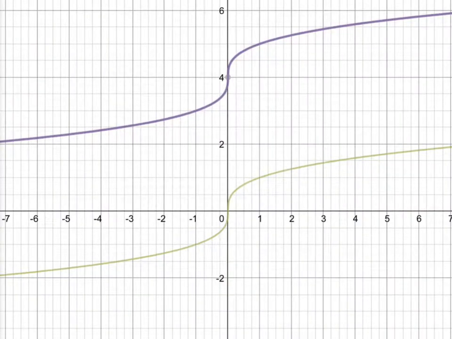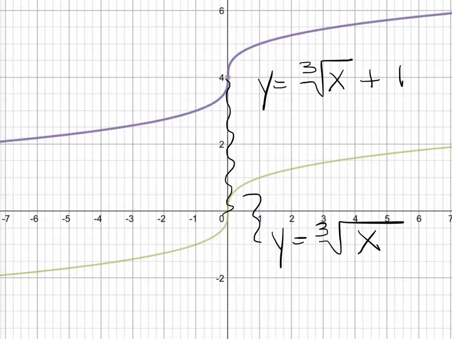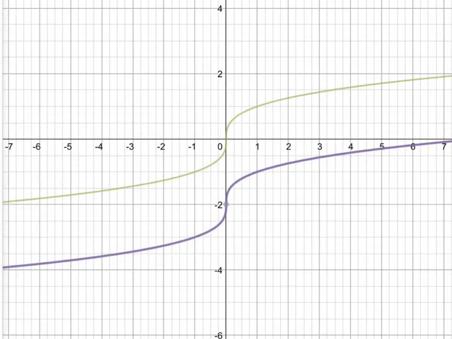The parent function for this should be y equals the cube root of x. It has been moved up 4 places, so it should be y equals the cube root of x plus 4 on the outside. Parent function, y equals the cube root of x.